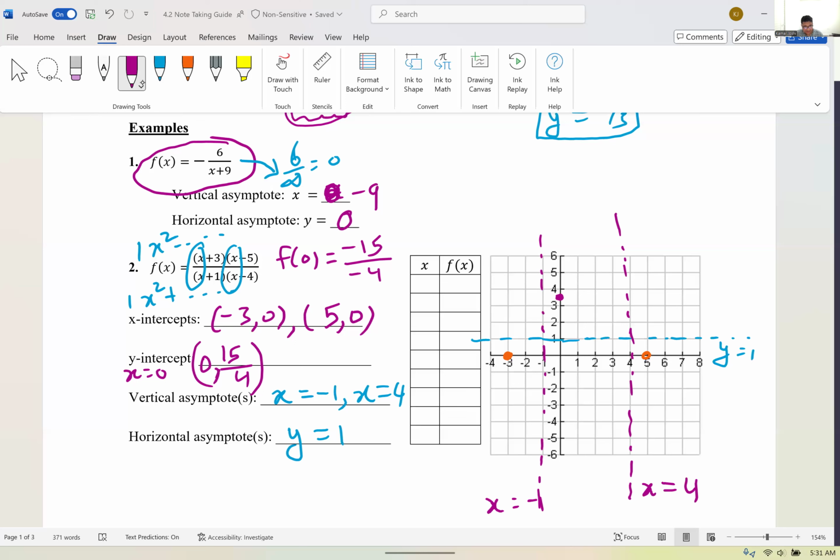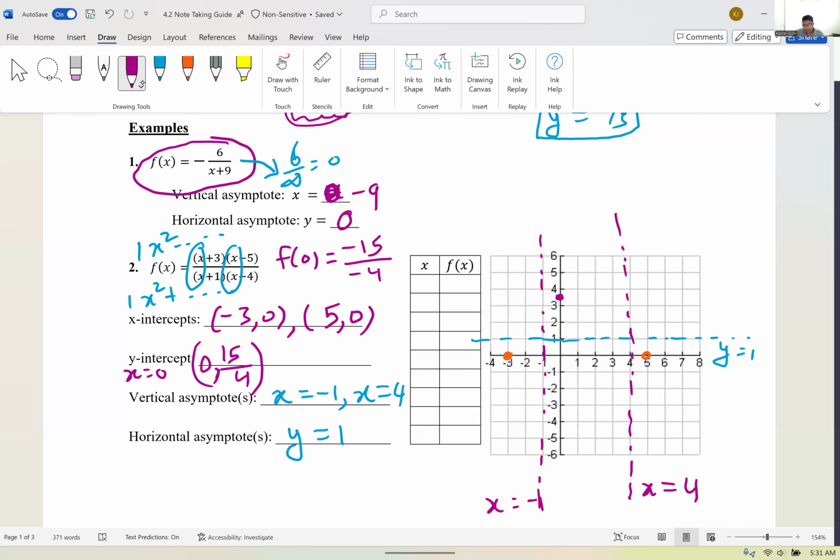The graph itself will be positive x square divided by x square. To know the shape of the graph, I have to know whether it is going to positive infinity or negative infinity at any one of the vertical asymptotes.